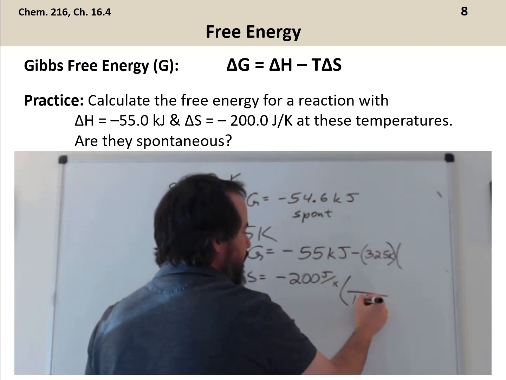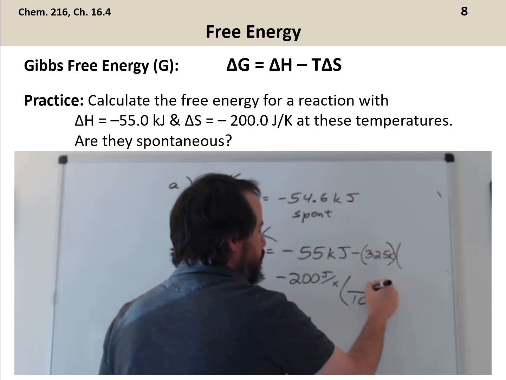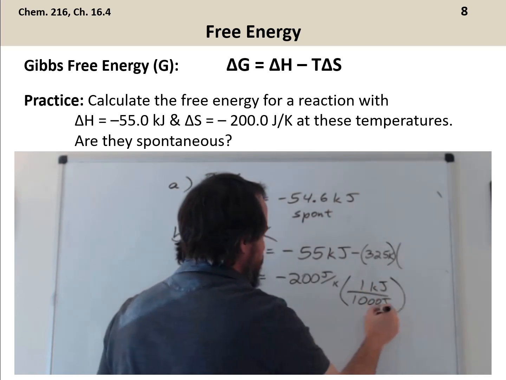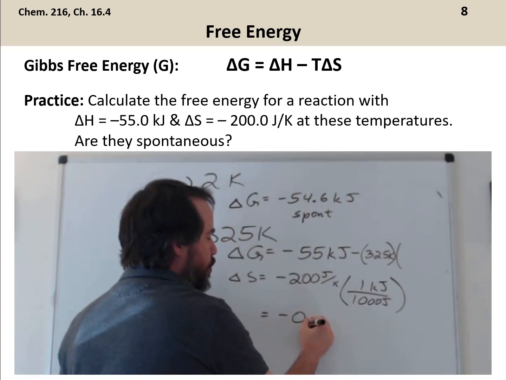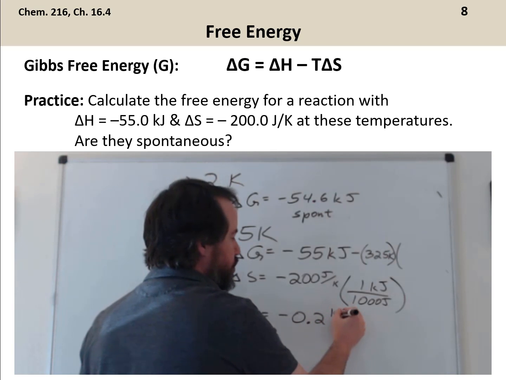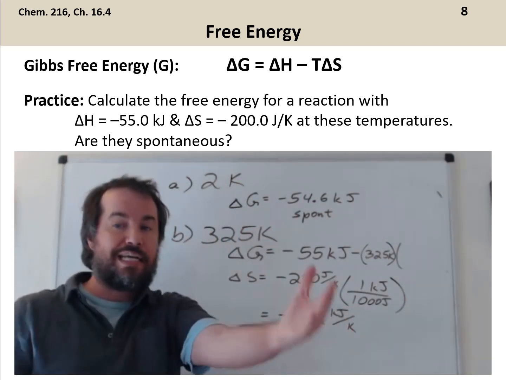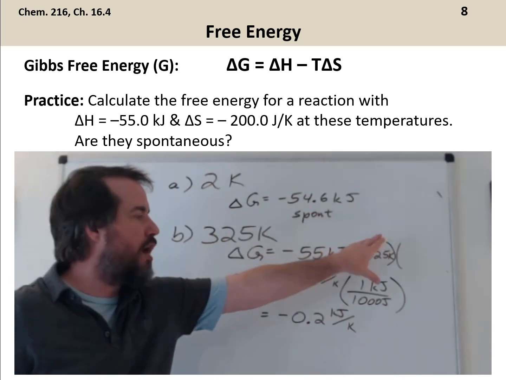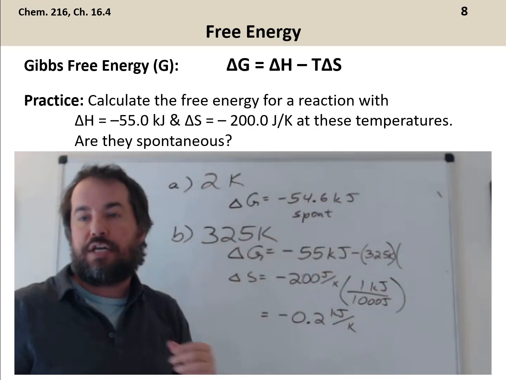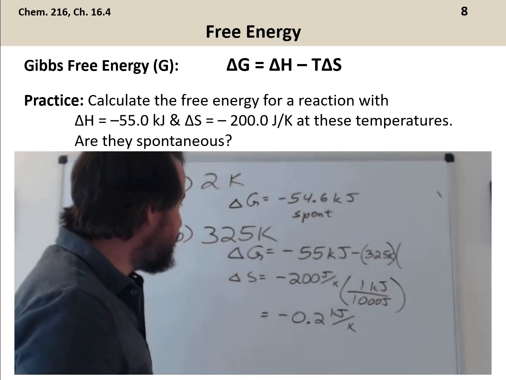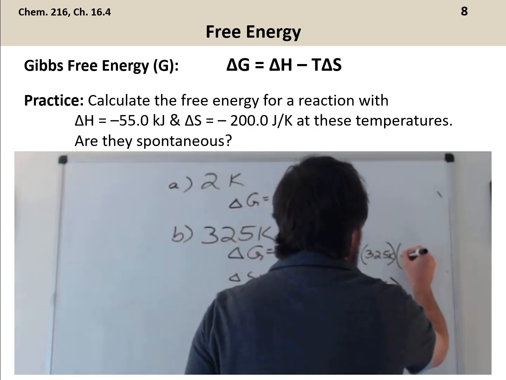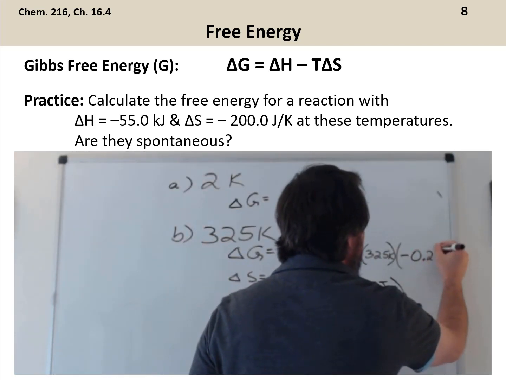So I can just say 1,000 joules is 1 kilojoule. And that's going to get me negative 0.2 kilojoules per Kelvin. I can either do it this way or the way I did it last time, which was do that calculation and then do the conversion. Okay, so this number I'm going to put in right here.